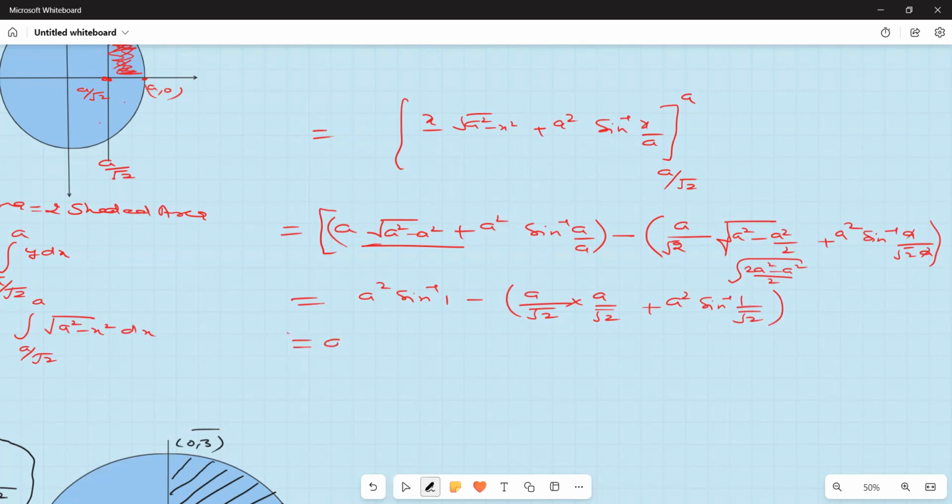So this is a square pi by 2 minus a square by 2 minus a square by 2 sine inverse 1 by root 2, which is pi by 4. So this is giving me a square by 2 common. Pi by 2 minus pi by 4 is pi by 4, no? 90 minus 45, minus a square by 2 square units. Okay.